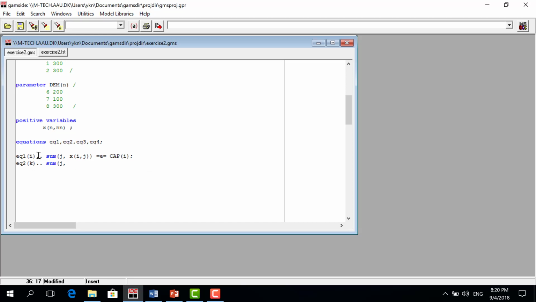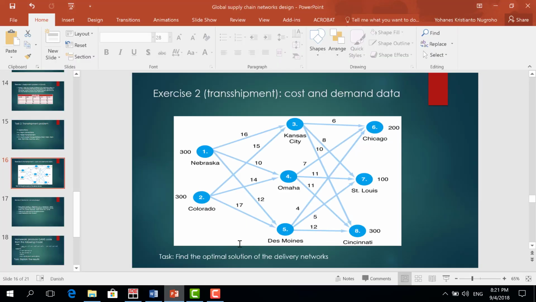Equation 1 for I means equation 1 will calculate xij after summation over all arcs of j, so we have source I to destination j, from one I to several j.